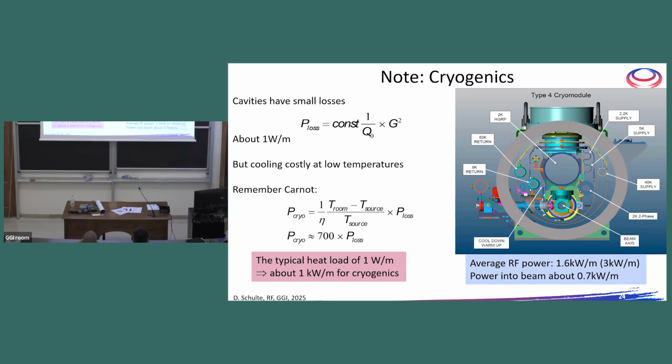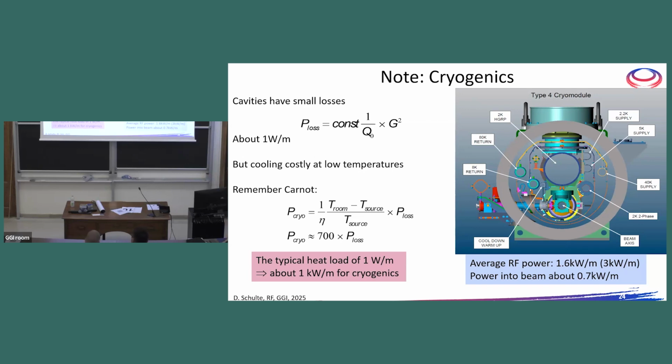And then the system is a technical system, so it's 25% efficient. So you need roughly 700 times more electric power to remove the 1 watt, so 700 watts per meter for the cooling system.